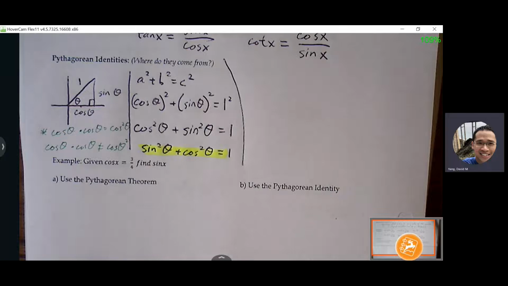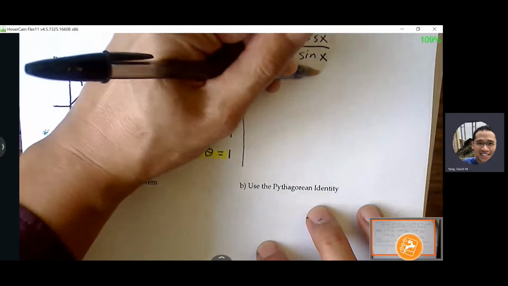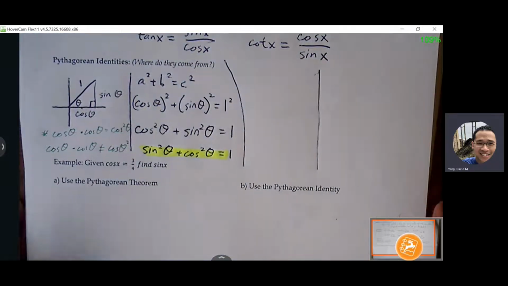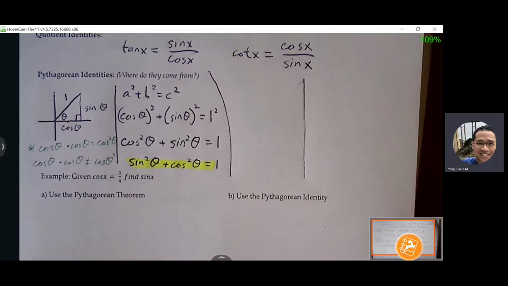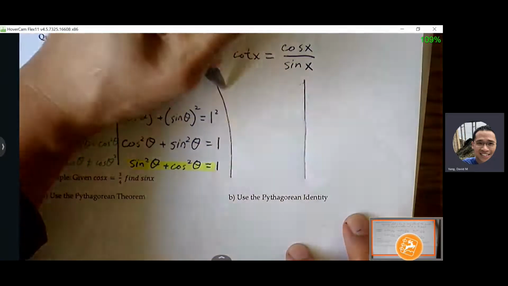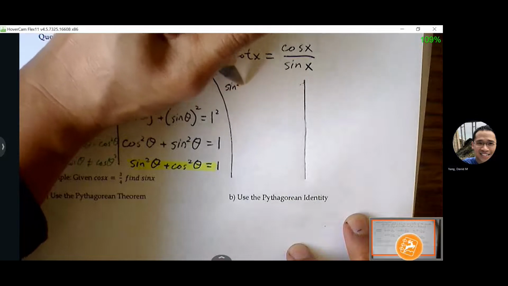Now there are 2 more identities, and these are ones that even I don't memorize, I just know how to derive them. So let me talk about how we can arrive at 2 more identities that are very much related to this. Okay, so this is how I derive them. I start off with what I know.